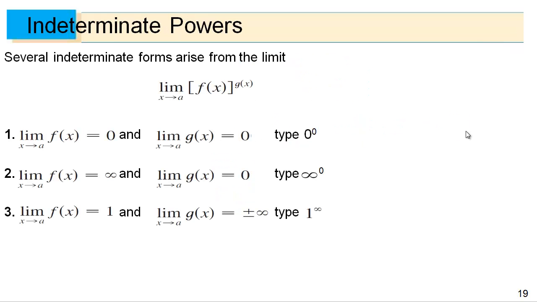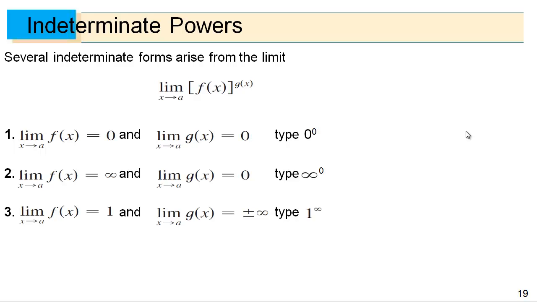Okay, another indeterminate form is powers. So now we're taking the limit of a function raised to a function, and if again you just plug in the a and figure out what happens to each function, you have a couple different options. Both functions could go to 0, which means you're left with 0 to the 0 power.